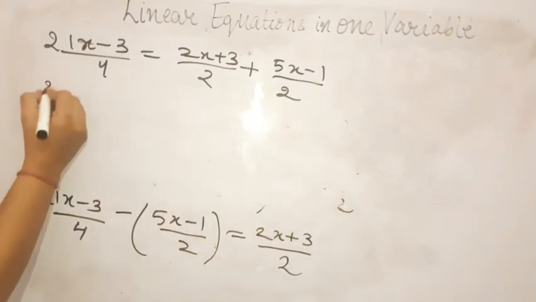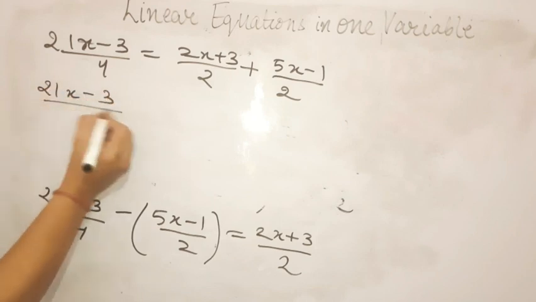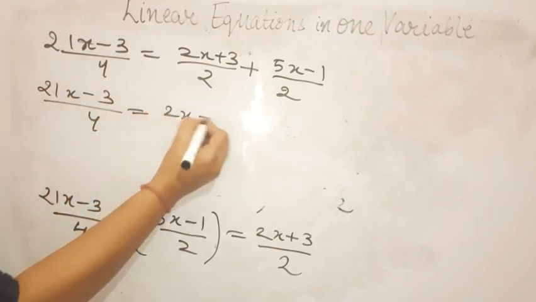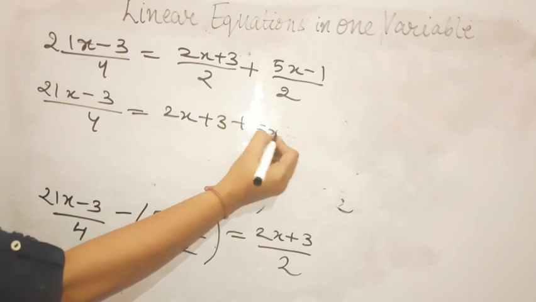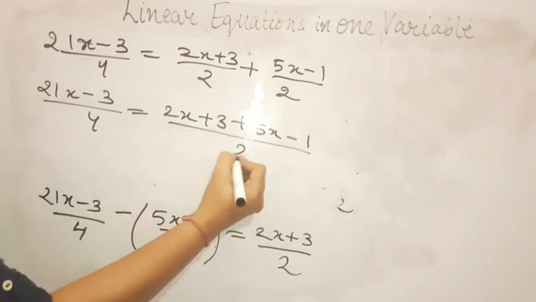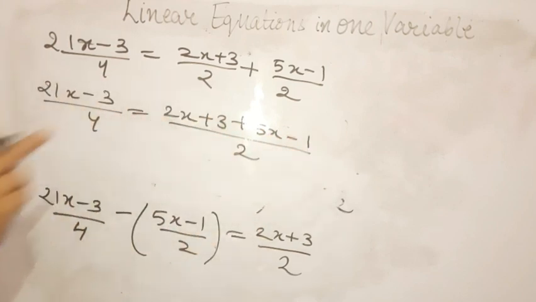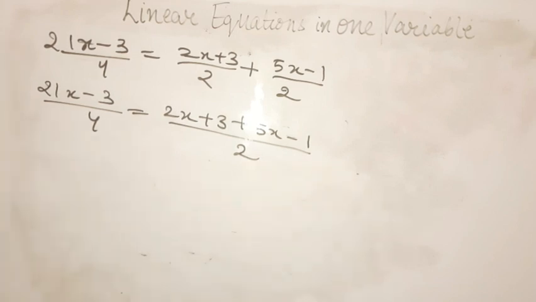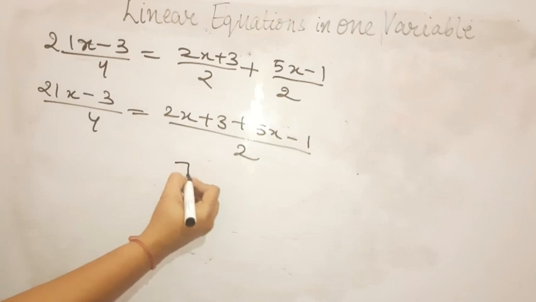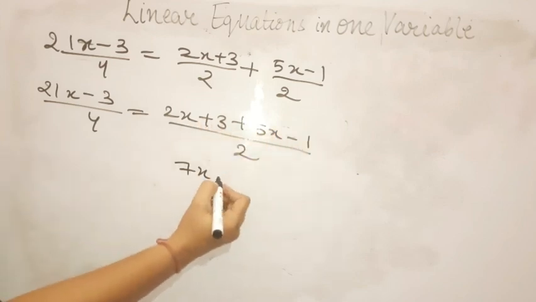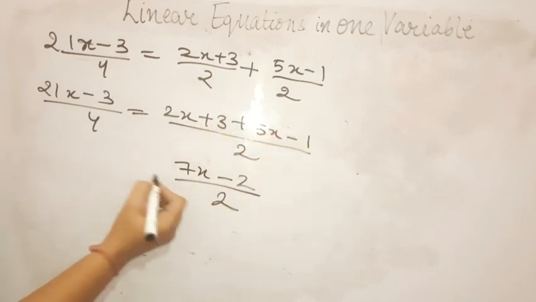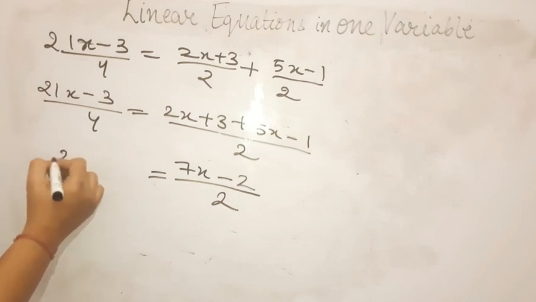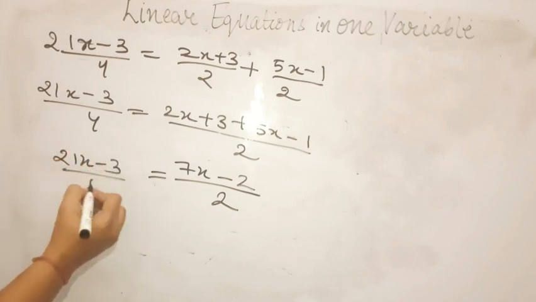So it will be 21x minus 3 upon 4 is equal to 2x plus 3 plus 5x minus 1 upon 2. Right, now collecting all the like terms together, it will be 2x plus 5x will be 7x and 3 minus 1 will be 2. So 7x minus 2 upon 2, 21x minus 3 upon 4.